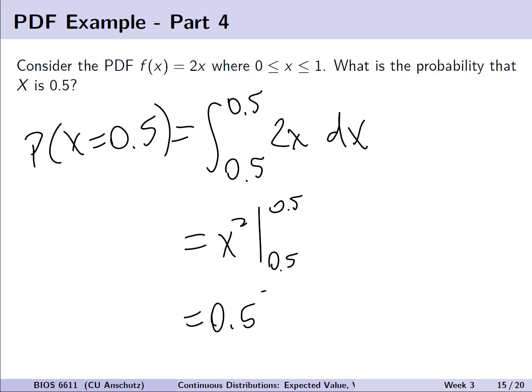So we have 0.5 squared minus 0.5 squared, which is equal to 0. Therefore, this further reinforces that when we're looking at these continuous distributions, it doesn't do us use to look at a single value, but rather a range of values, even if that range was a small range, such as 0.049 to 0.051. At least we'll have some mass at that possible range of values.